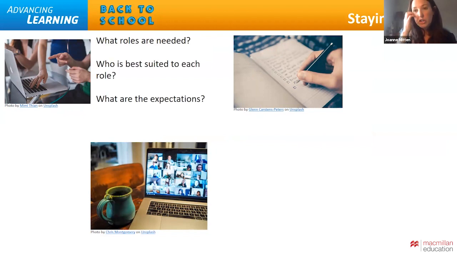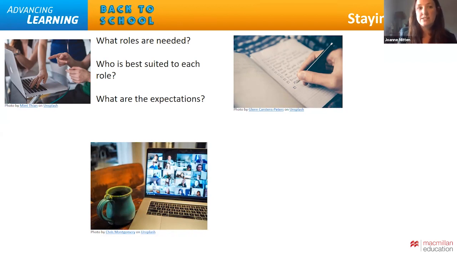So first of all, you need to decide in each group what roles are needed, who's best suited to each role, and what the expectations are. If it's your students' first time involved in this type of really in-depth project work that's going to be assessed, I suggest that you lead the way with this. However, the next time round, the students can decide this.